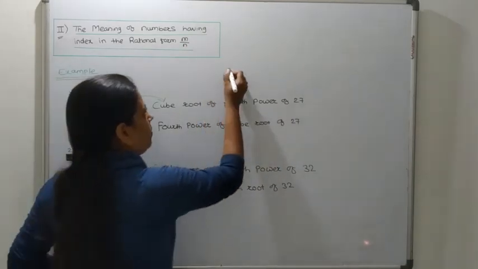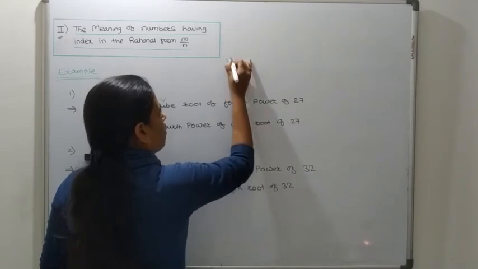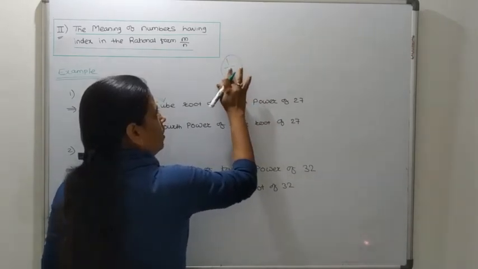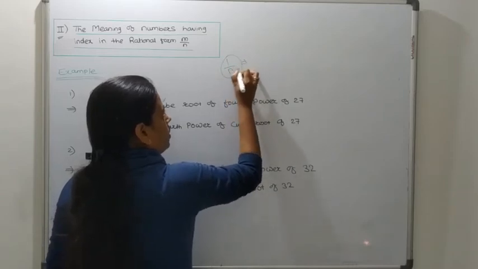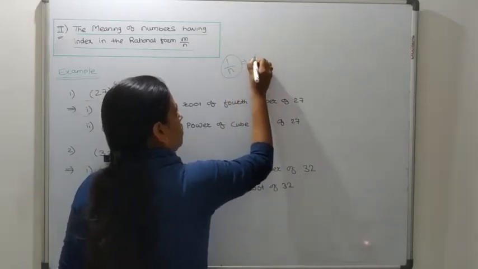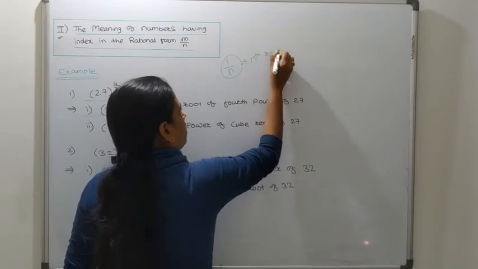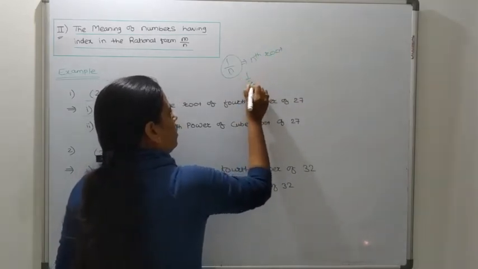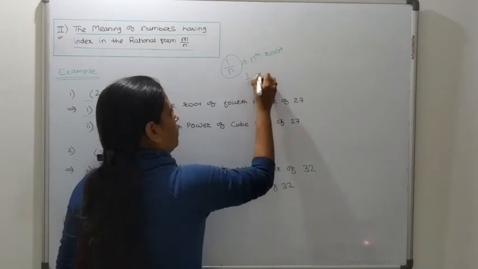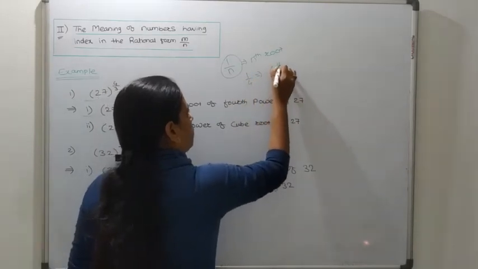Listen here. Remember one thing: when a number is in the form of 1 upon n, or 1 upon 3, 1 upon 4, how to write it? It is the nth root. Suppose 1 upon 4 is there, then that is the fourth root.